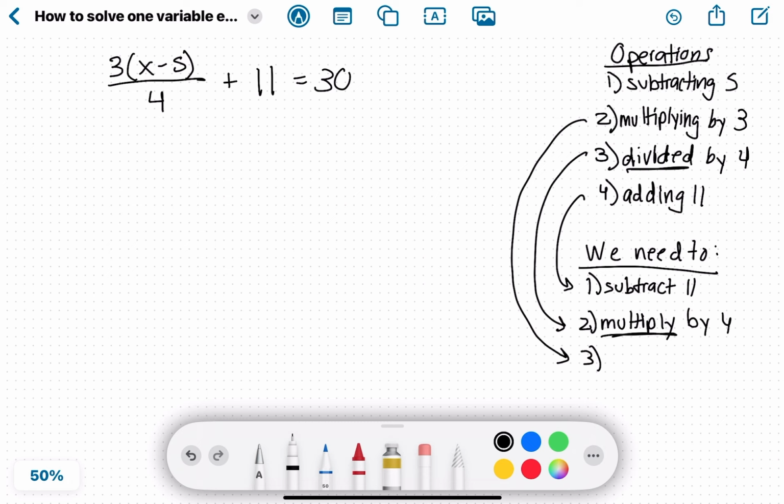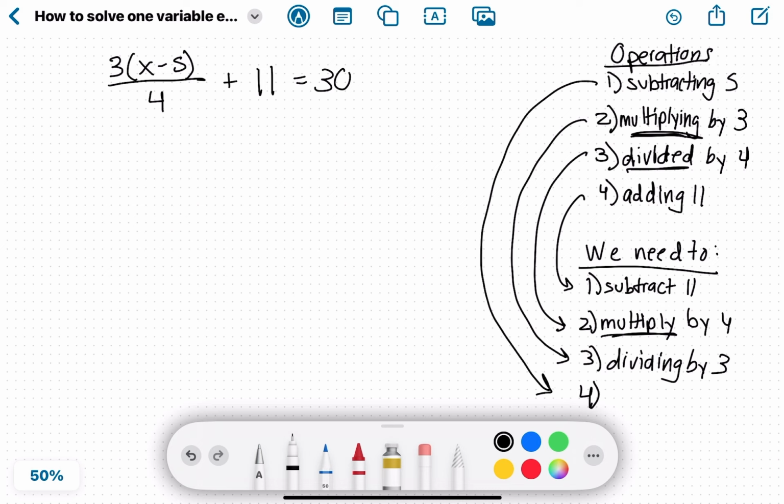So first we multiply by 4 because we switched the operation from division. And now that it's multiplication, how before it was multiplying by 3, we're switching that and turning it into dividing by 3. And then finally, subtracting 5 becomes adding 5. And then those are all of our steps. And then after this, we should be able to find x.